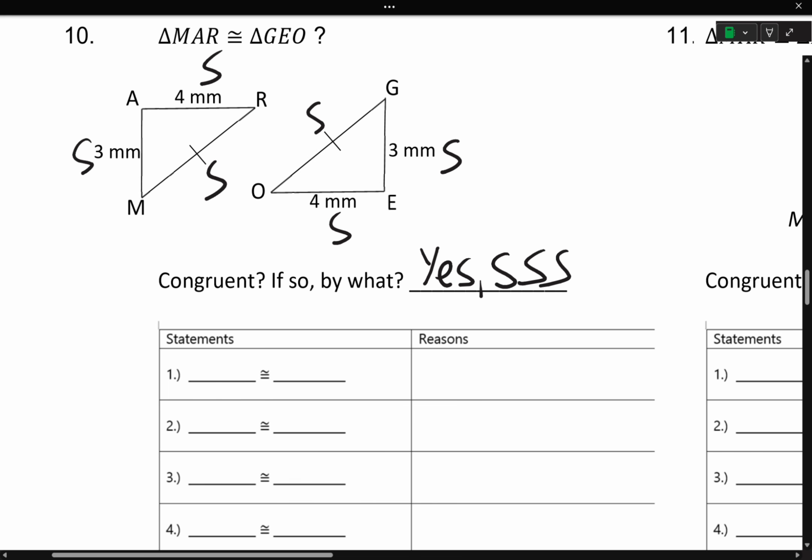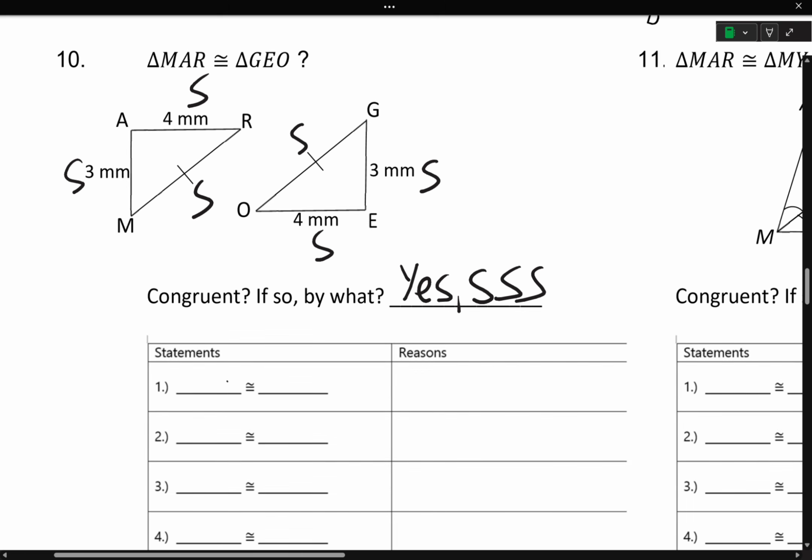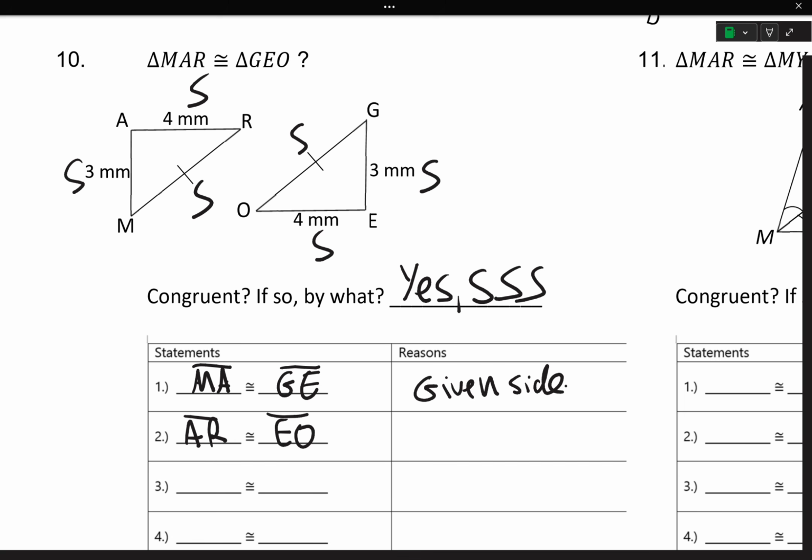Let's start with the 3mm side. We have MA congruent to GE. The reason: it was a given side. We have the 4mm sides. I'll do AR congruent to EO.